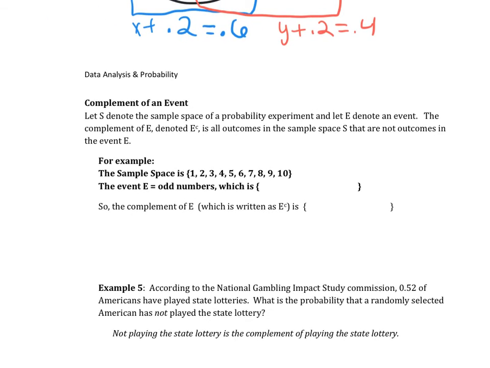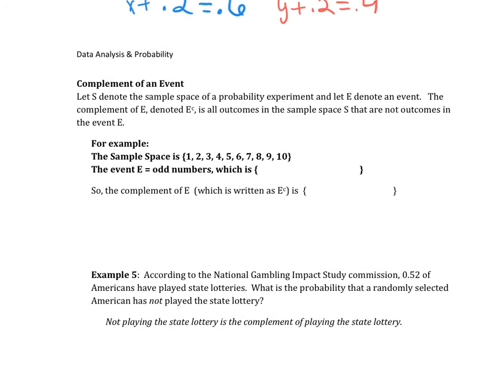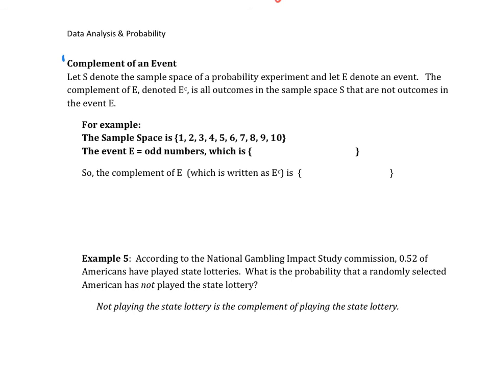One last thing we got to talk about is called the complement of an event. So whenever you see the word complement, you need to think the word not. The complement of an event is everything that's not in that event.